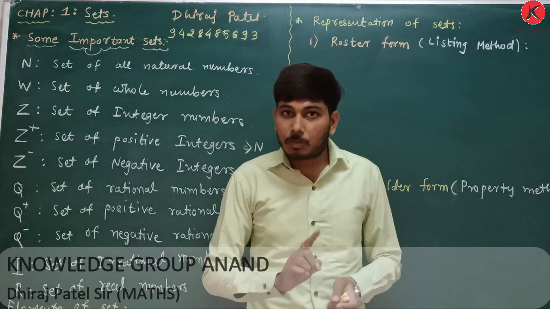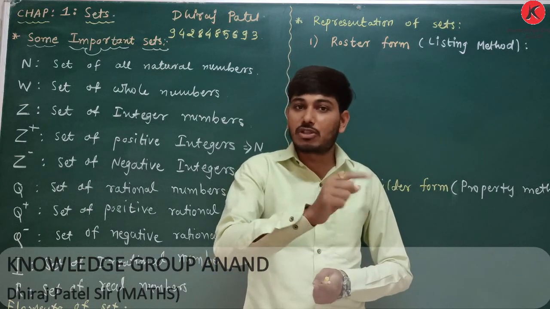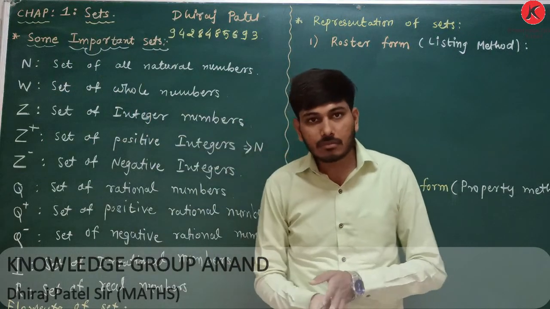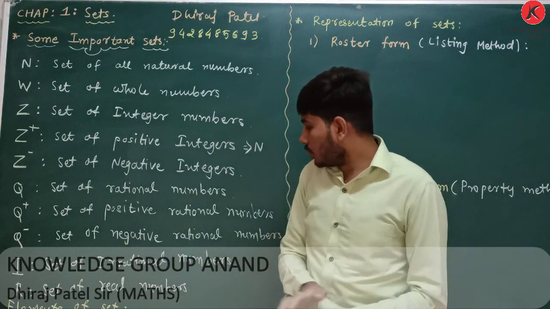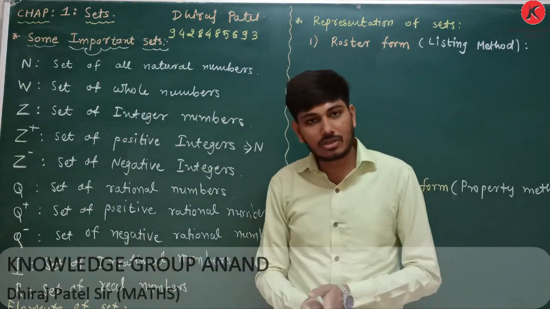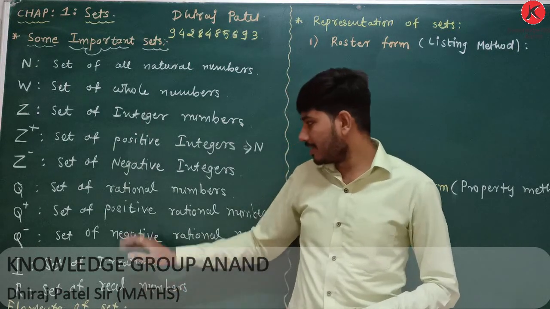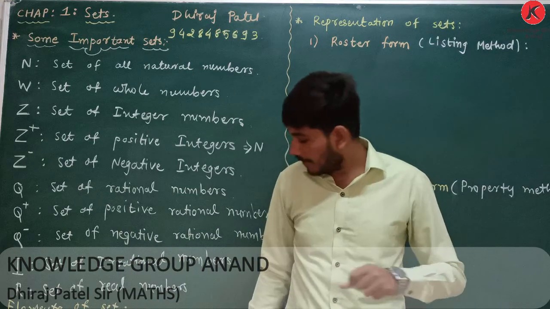Therefore, pi is irrational because the actual value of pi is 3.14 something up to infinity. You know that these topics were already done in your standard 10.